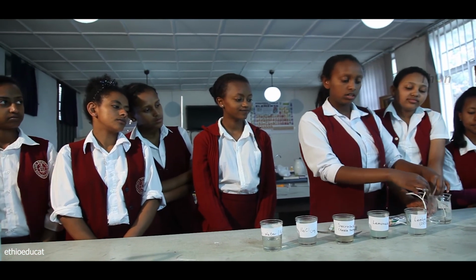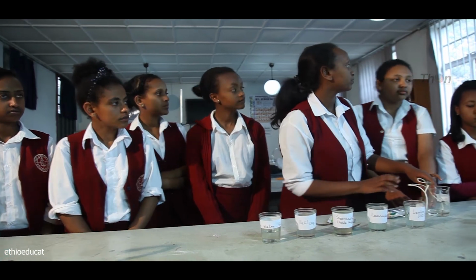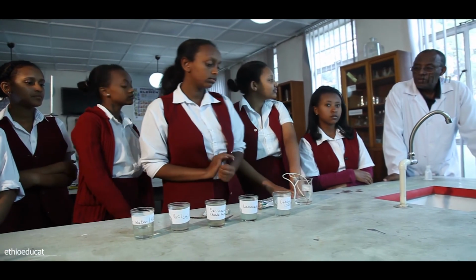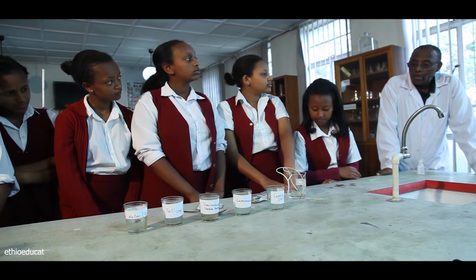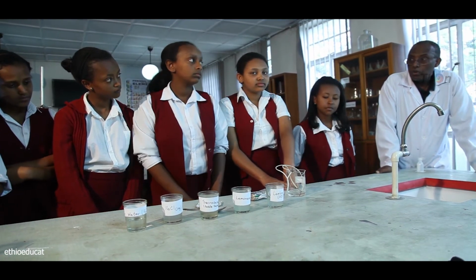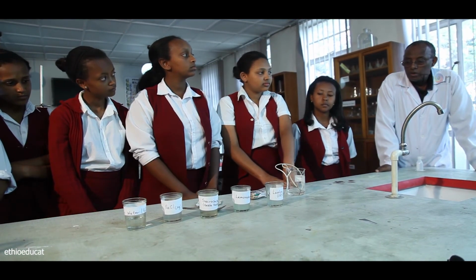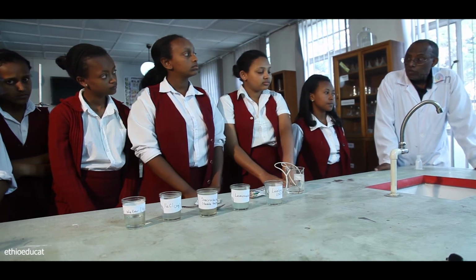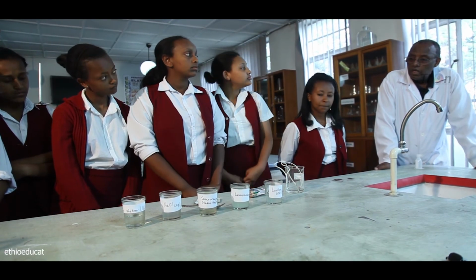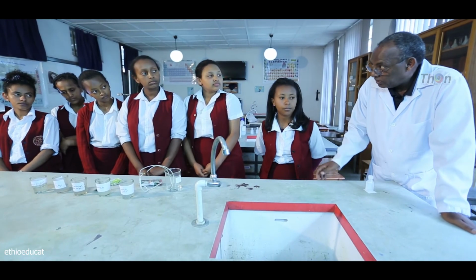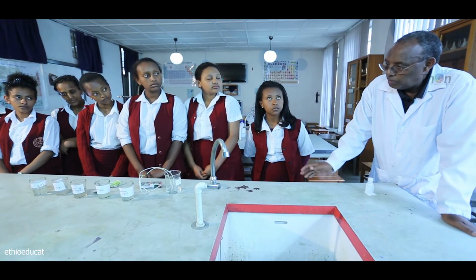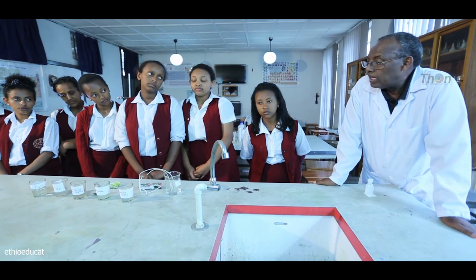Yes. So I have a question. ORS is supposed to be consumed by people who have lost a large amount of fluid from their body, either through diarrhea or vomiting. And we're saying salt would replace the electrolytes so that the people will become normal once again.